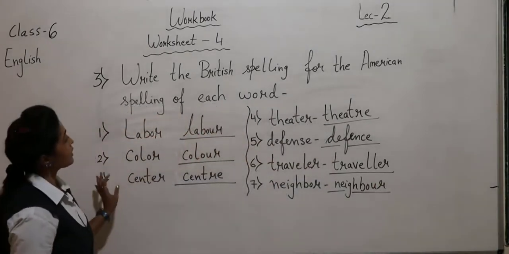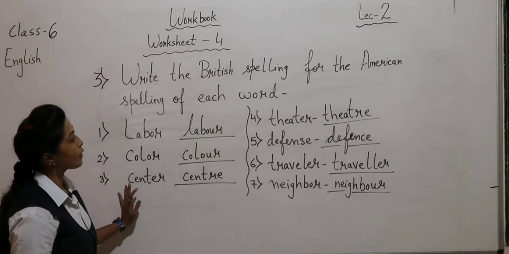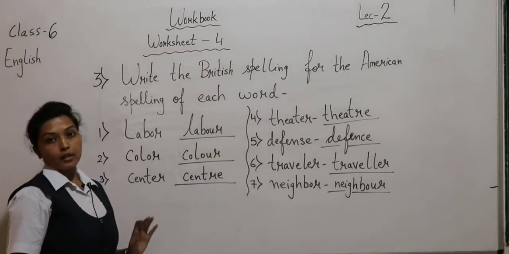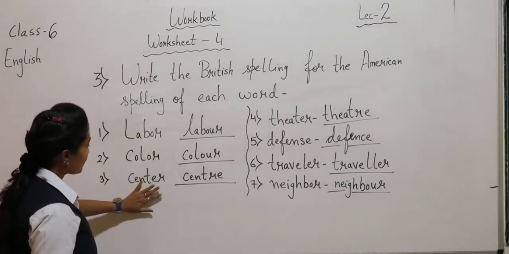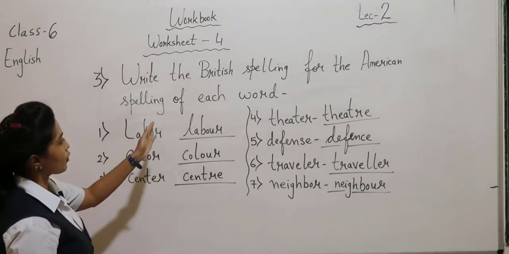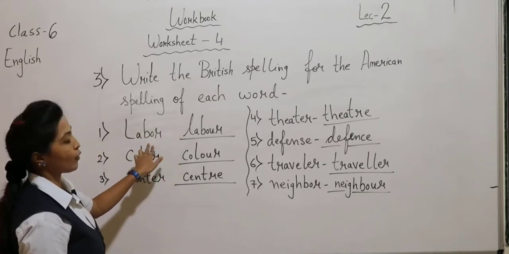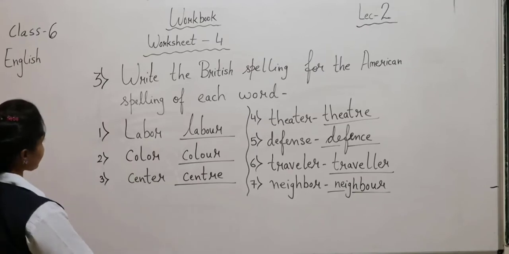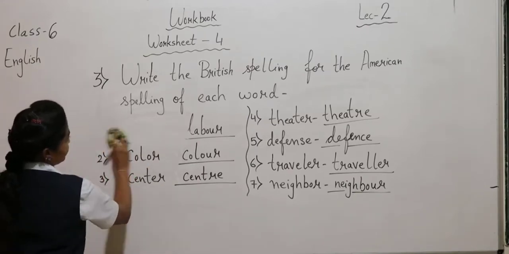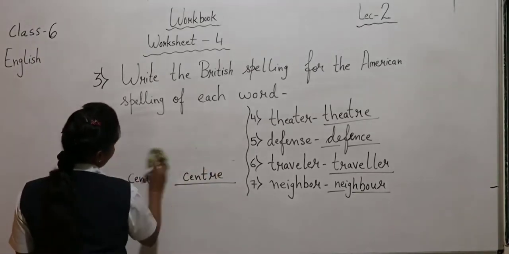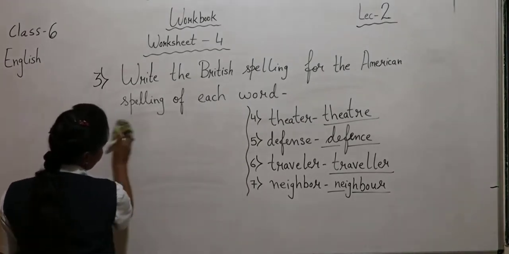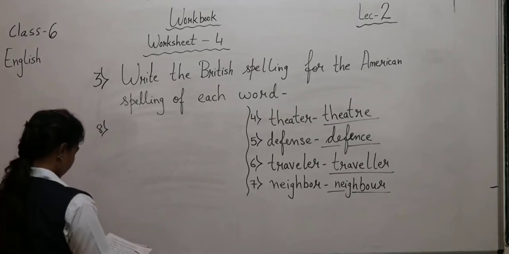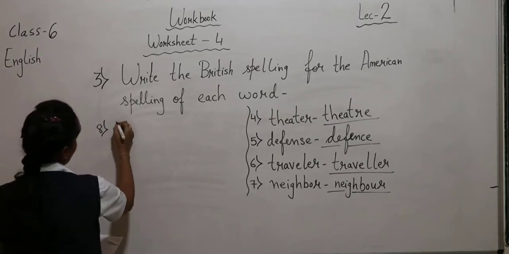So American spelling means the preferred English spelling in the United States. So American spellings are given and we have to write down the British spelling for the same. Then after, kilometer.